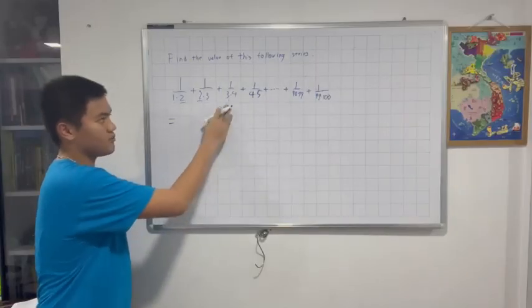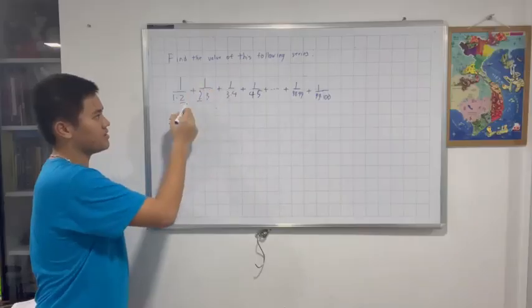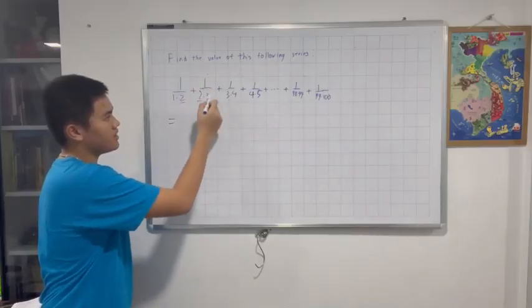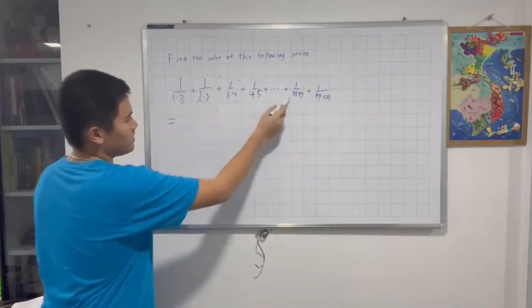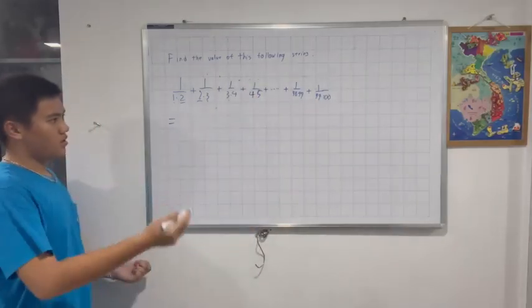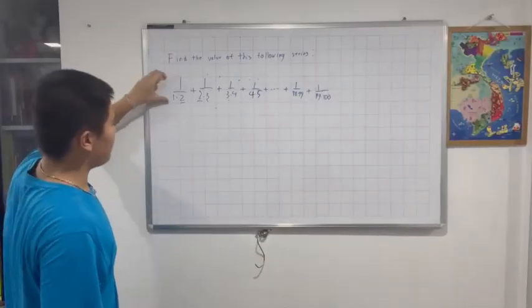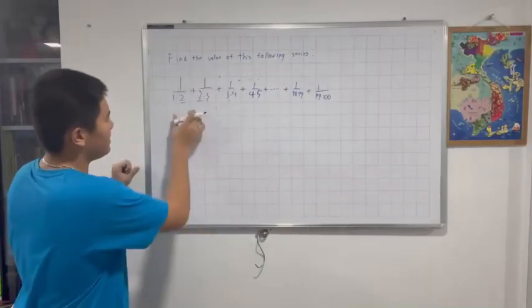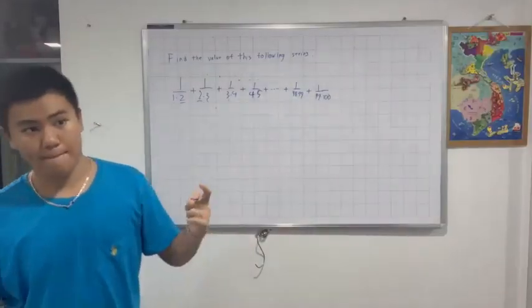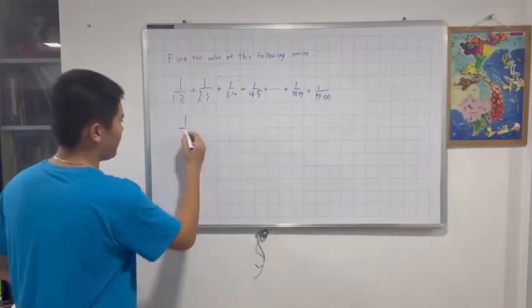In fact, most terms will appear twice in two different terms. Look at this: 2 appears in term 1 and term 2, 3 and 4 too, and so on until 99. 99 appears twice too. So we can try to manipulate each term such that most of them will cancel out. We've got a very clever technique, and I'm going to show you today.